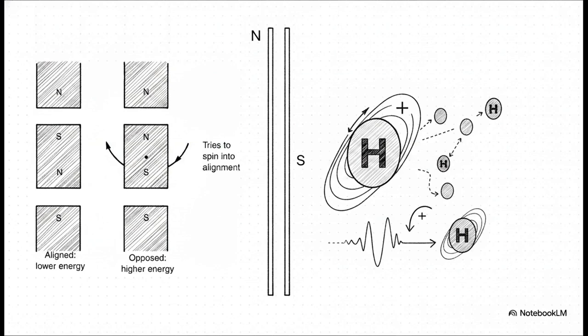Just like literal bar magnets, they're either going to align with the applied field, which is a nice, stable, lower energy state, or they'll oppose it, sitting in a higher energy, unstable state. The magic of NMR happens when we zap these nuclei, making them absorb energy and flip between these spin orientations. But remember, they aren't just acting in isolation, they are constantly talking to their neighbors.